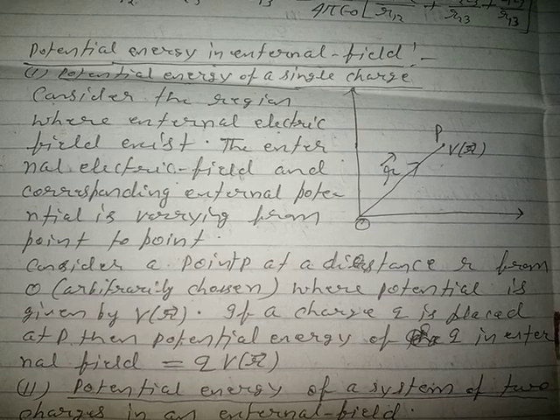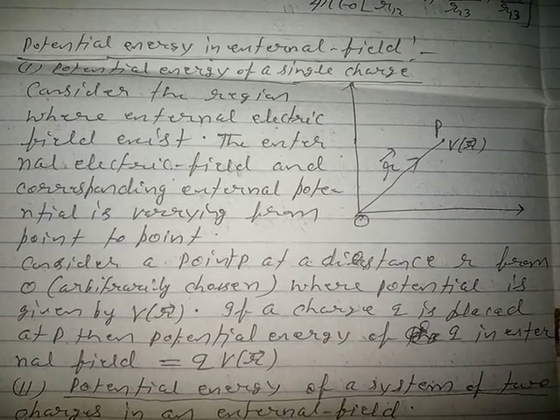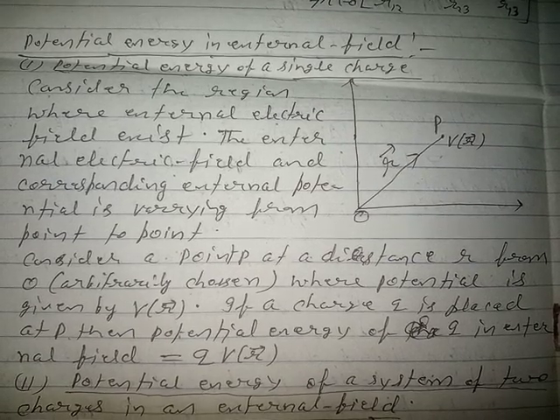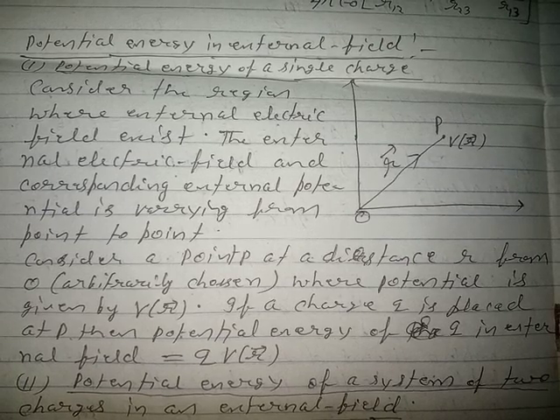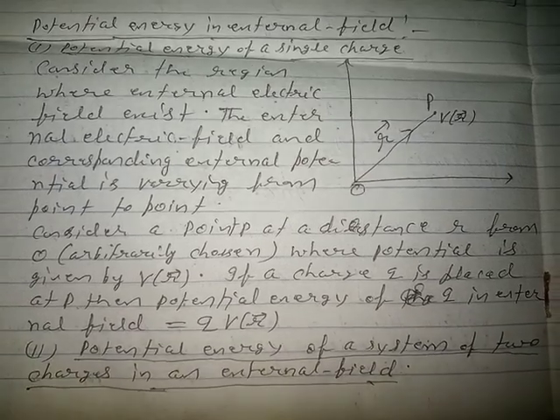Potential energy in external field. Potential energy of a single charge. Consider the region where an external electric field exists. The external electric field and corresponding external potential vary from point to point.